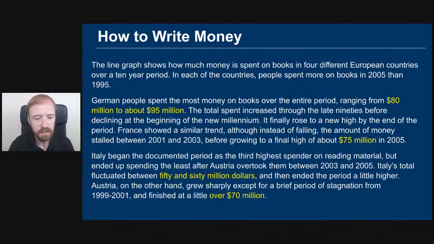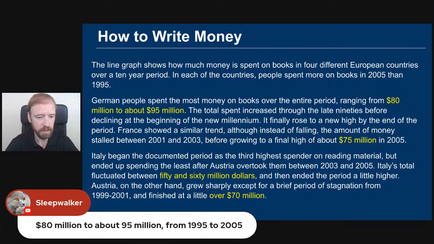And at the end, finished at a little over $70 million. So this is how you want to express money in your writing for IELTS. So, 80 million to about 95 million. I'd put a dollar sign before 95 million, like they do in the writing. Don't forget the dollar signs.